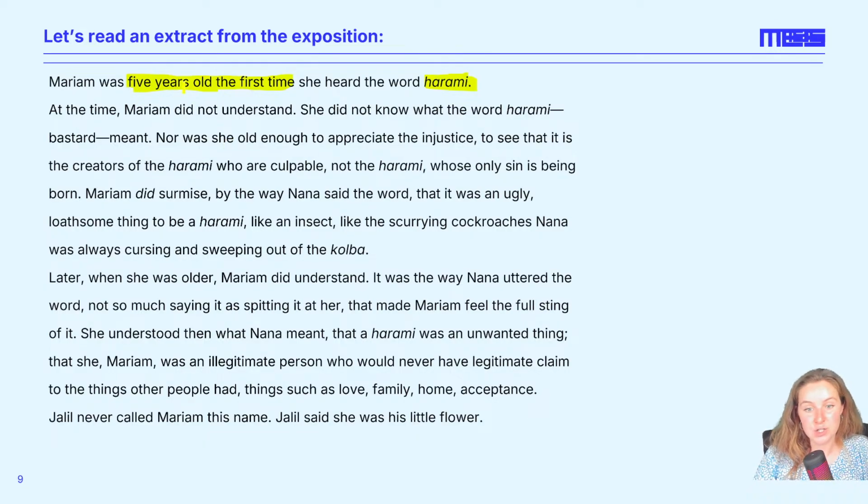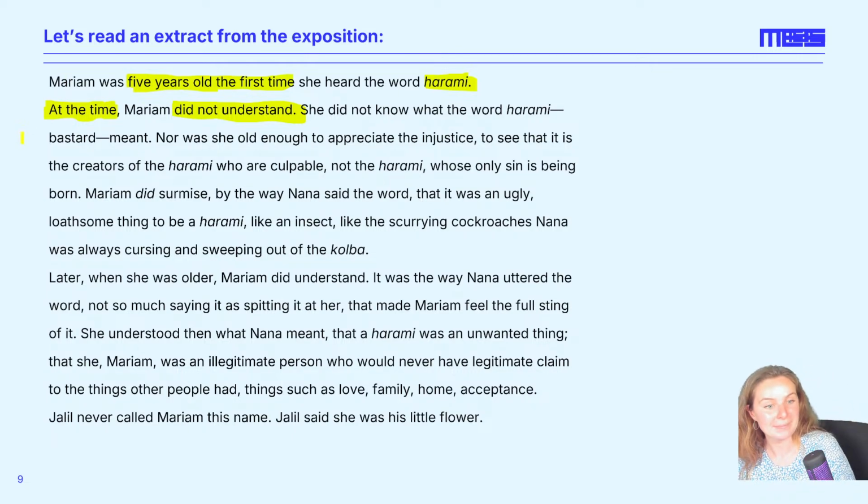So young that she did not understand what that meant. But notice, at the time. So we have some indicators here that she has since learnt what that means, that she has since been forced to reckon with this perception of herself.